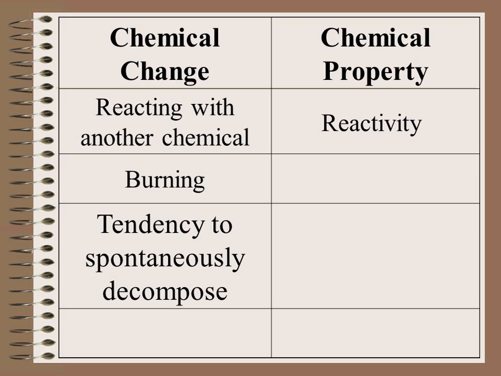If we're going to measure the ability of a substance to burn, then we're talking about its flammability. To describe the tendency of something to decompose spontaneously, we would refer to that property as stability.